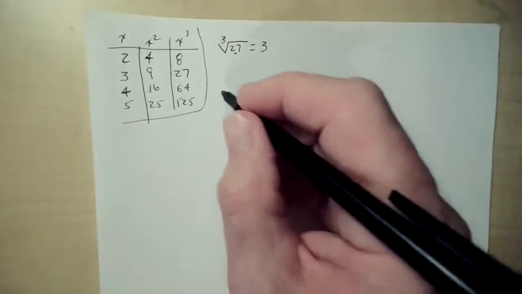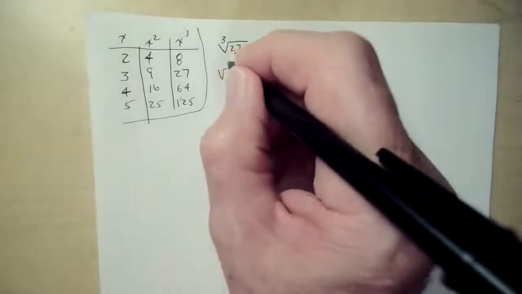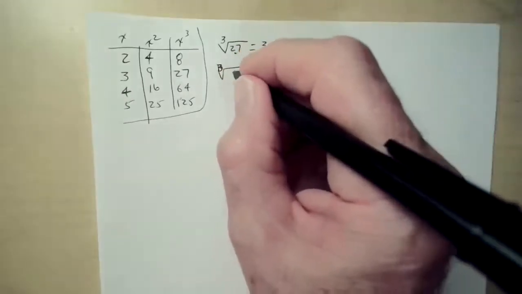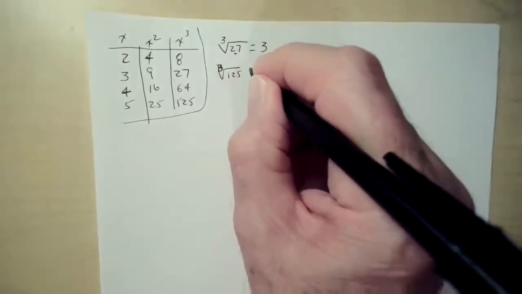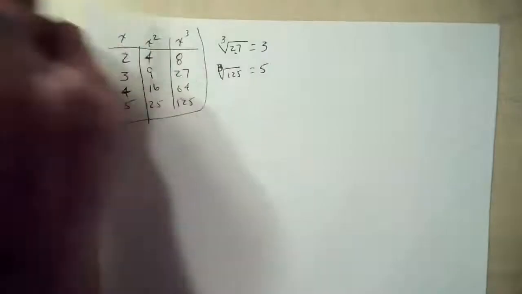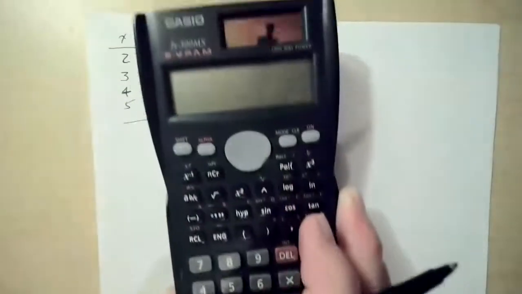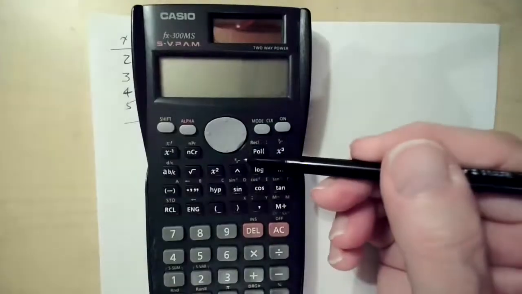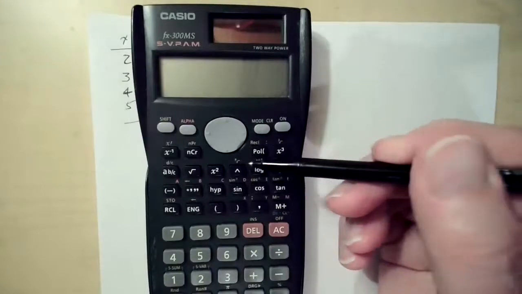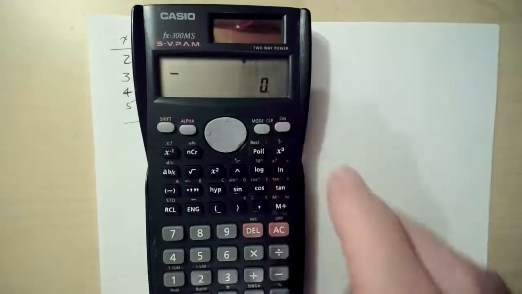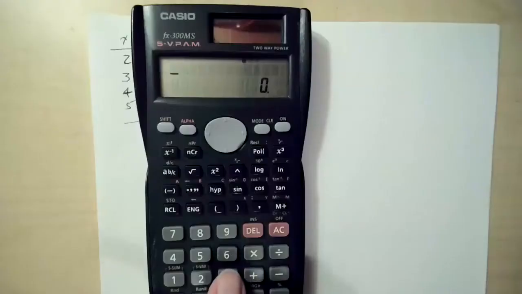Is it plus or minus 3? No, just positive here. And the cube root of 125 is 5. And again, you can do that on your calculator. This little calculator is much, much easier to use. It's right here. See where it says X and the square root symbol.